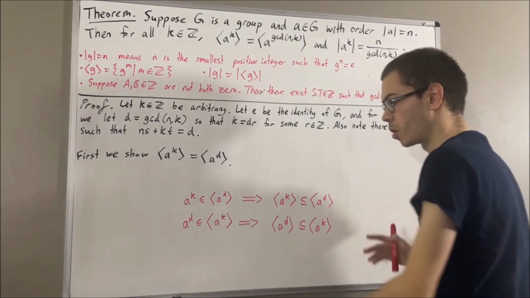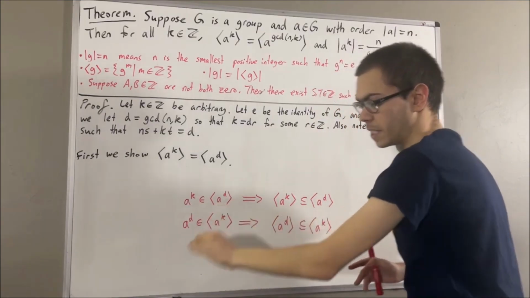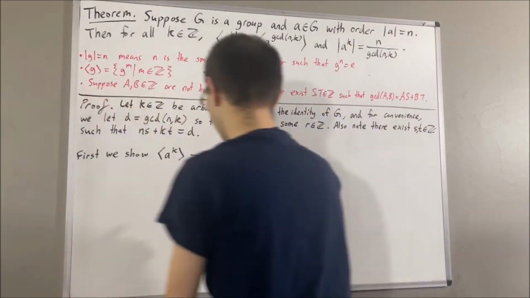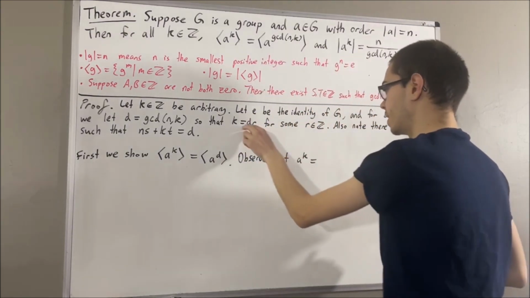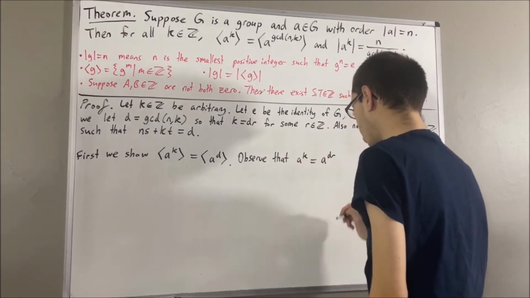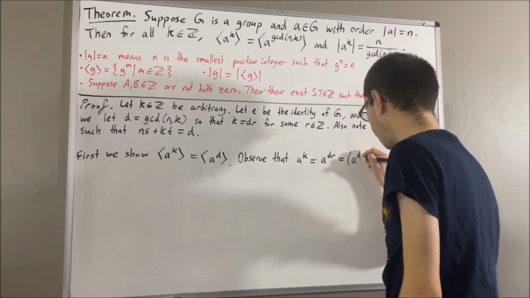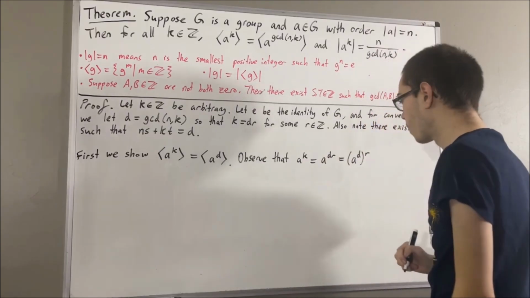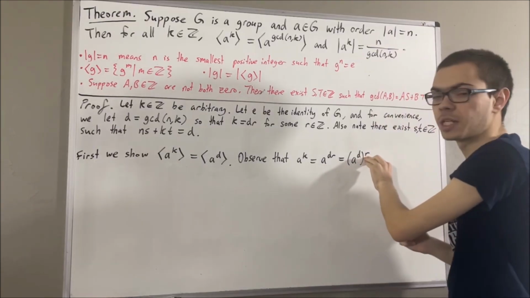Okay, so let's first show that a^k belongs to the group generated by a^d. Now, since k is equal to d times r, a^k is equal to a^(dr), and by properties of exponents, we can rewrite this as (a^d)^r, but this is a^d to the power of some integer.